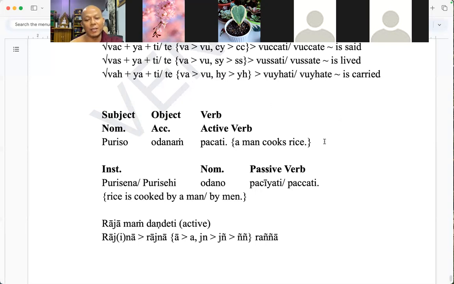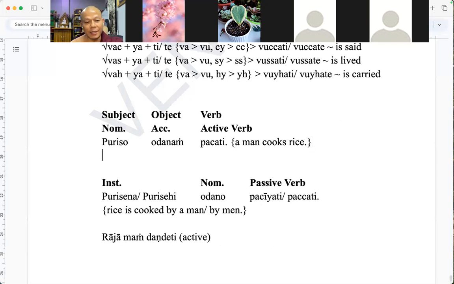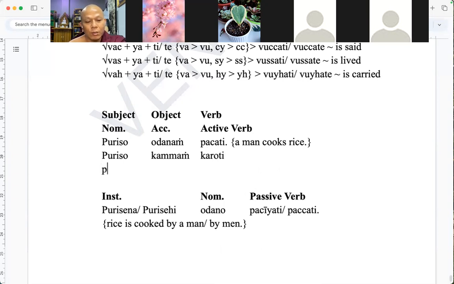Actually, that is not only in the passive, even the active also. For example, so buriso gunman karoti, or so buriso gamani karoti is also possible.